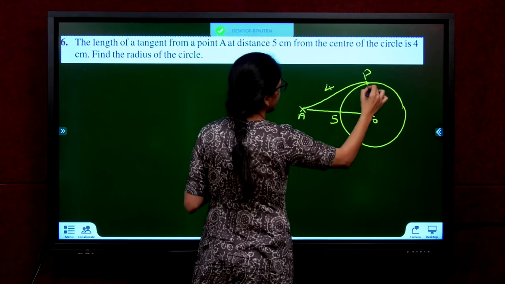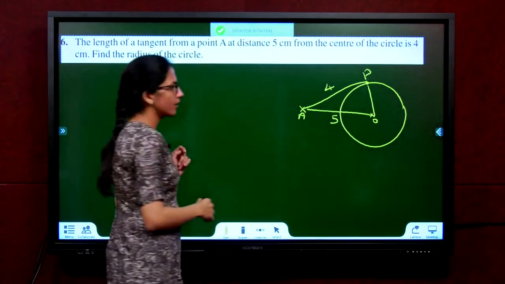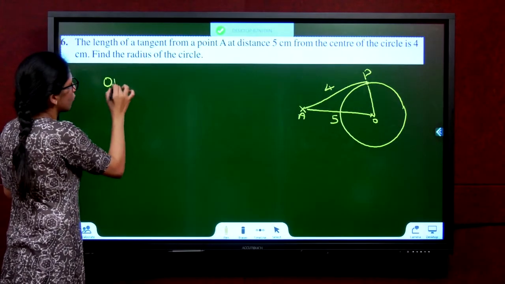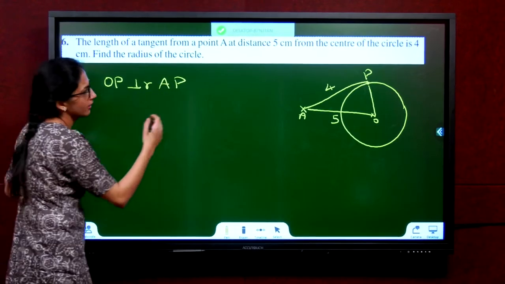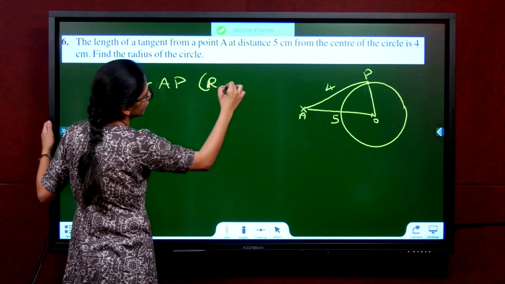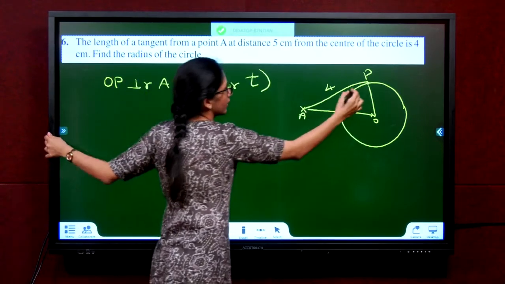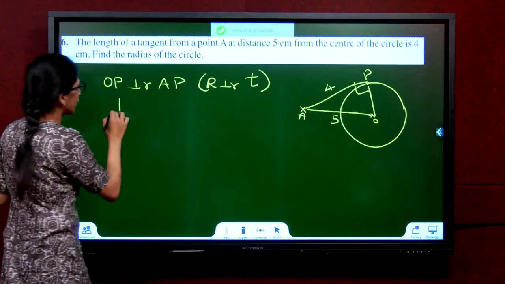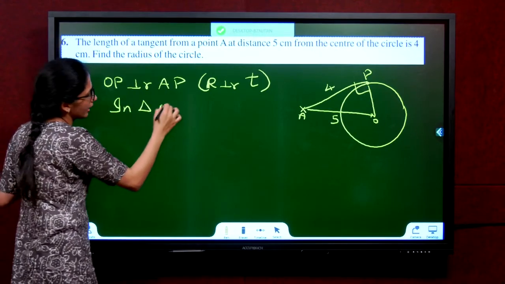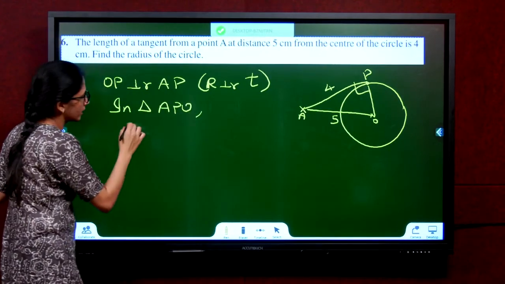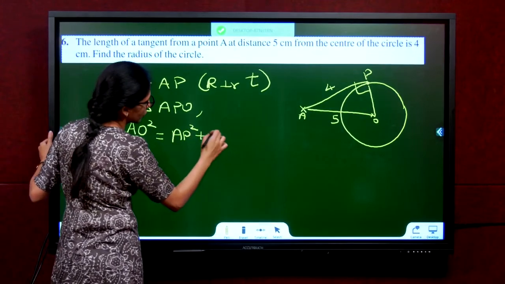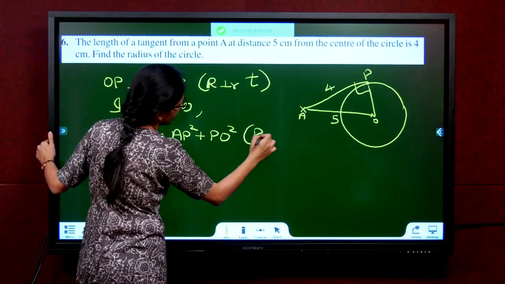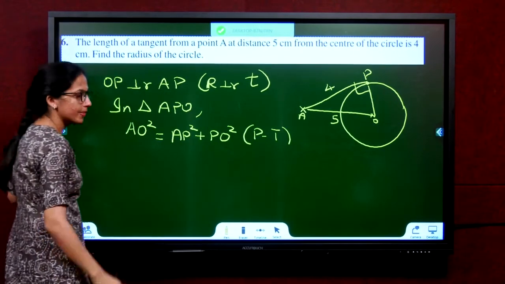Easy. Let this be P. Join O to P. We know that OP is perpendicular to AP. Why? Because radius is perpendicular to tangent. So this is 90. In triangle APO, we can say AO square is equal to AP square plus PO square. Reason? Pythagoras theorem.